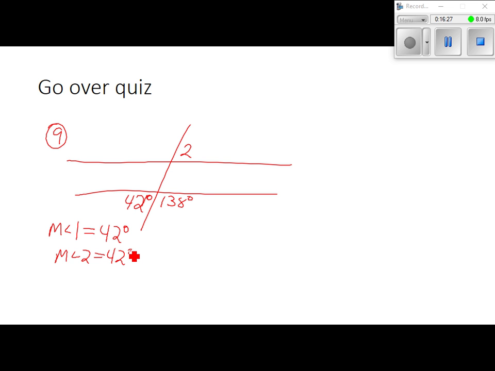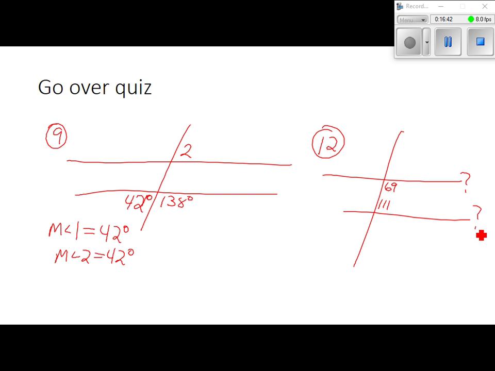Number 12. Wow, we just got done doing this problem, didn't we? We know that this angle is 69 degrees. This one's 111 degrees. And they want to know, are these two lines parallel to each other? Consecutive interior. So we put, yes, they are parallel. How come?